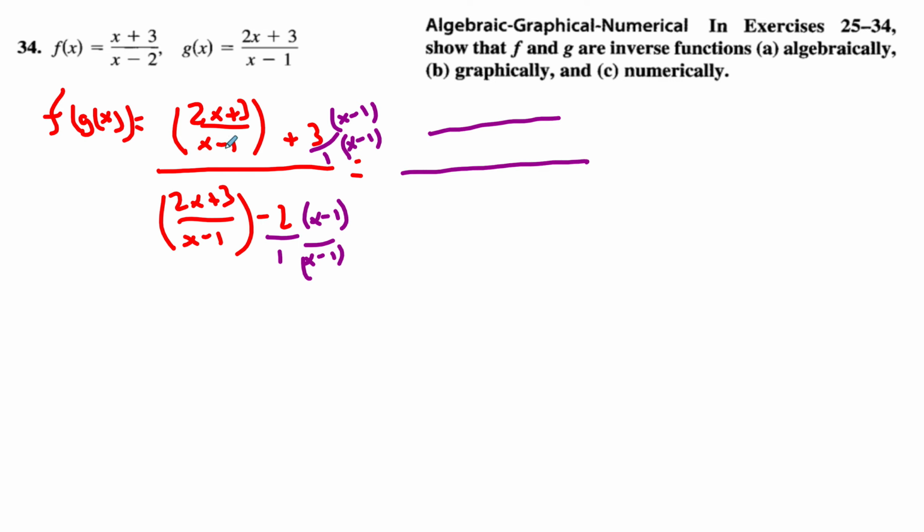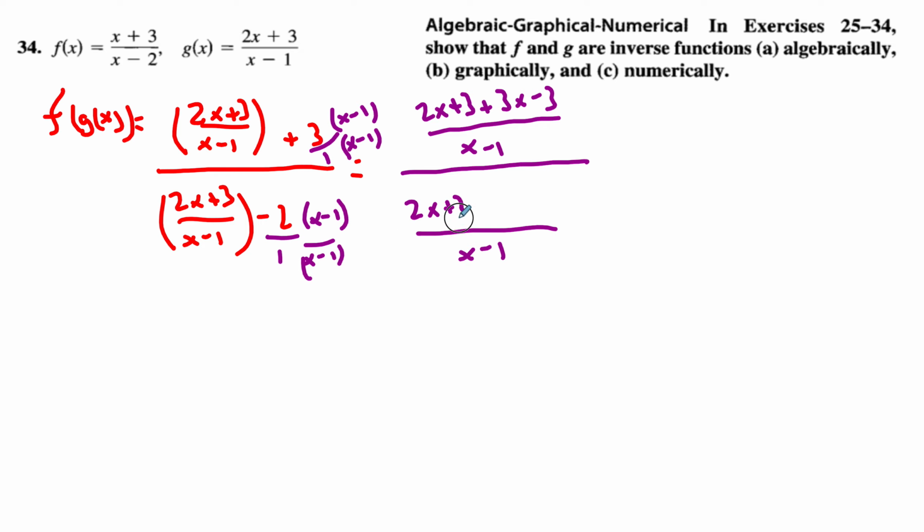Which means I now have some fractions over fractions. This fraction is over x minus 1, as is this one in the denominator. Now what's up top is a little bit more complicated. I have the 2x plus 3, right? Plus 3 times, I have to distribute this, plus 3x, then minus 3. Notice how to distribute. Same idea here.